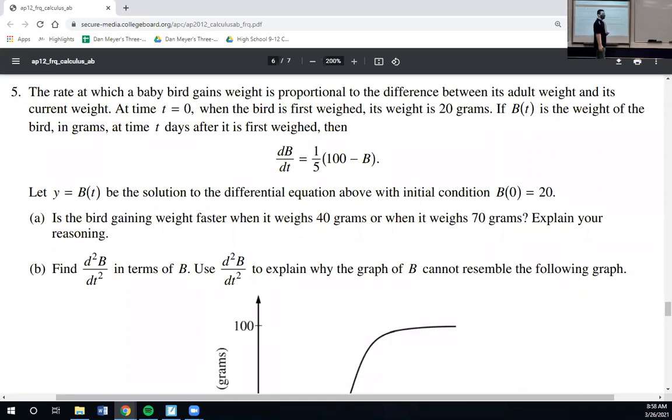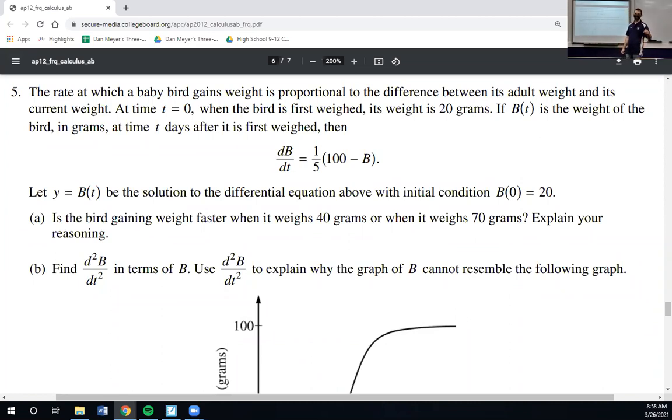The tricky part of this problem is that, first of all, we're given dB dt. So we have to think about this as a rate. It gives us an initial condition, again, that when I plug in 0 for t, I should get out 20 for our weight. But the tricky part is that in dB dt, there is not a function in terms of time, like there usually would be.